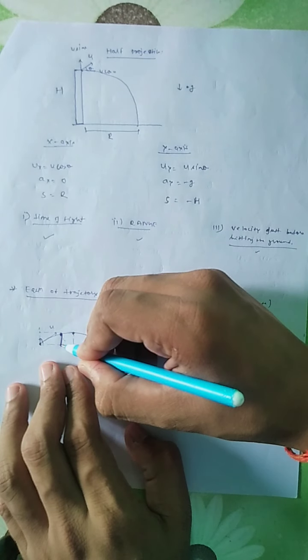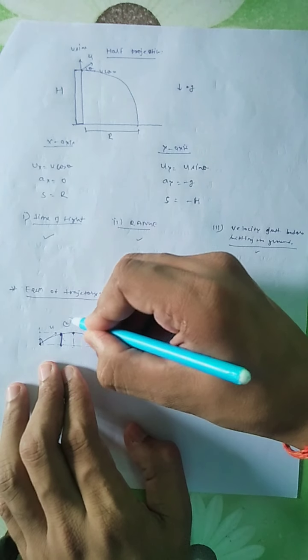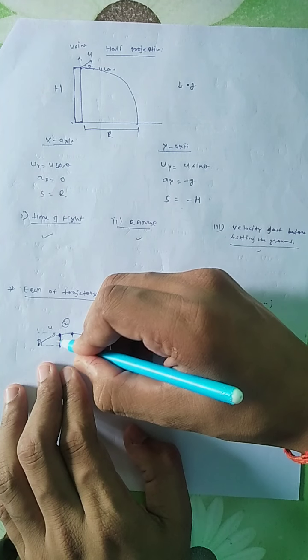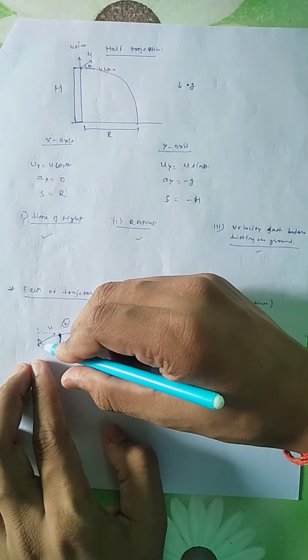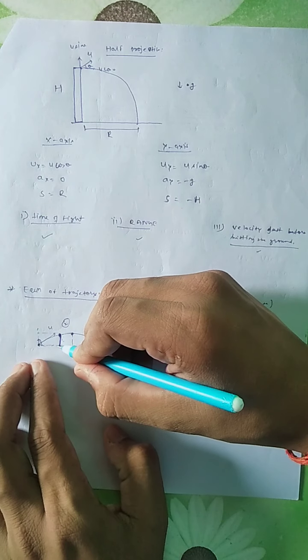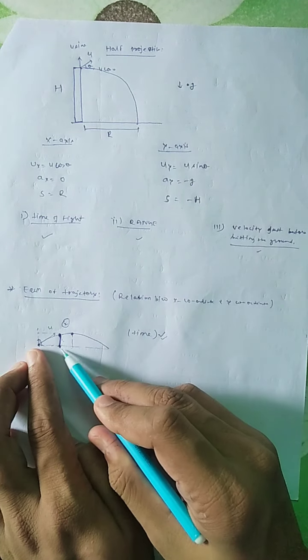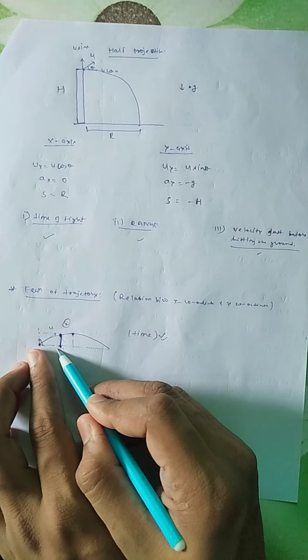So you can find the time taken by the body to reach this height. Now you use that particular time in your x motion, because the time at which it is at this height is the same time at which it is this length forward from the origin. So you simply use that time in the x direction to solve the problem.